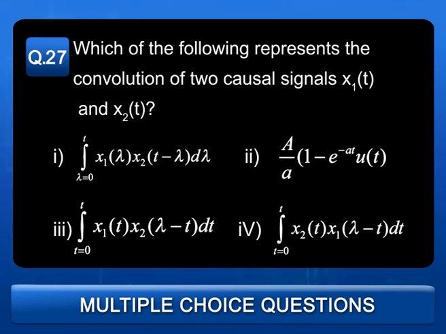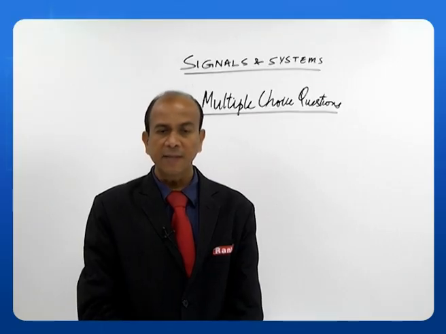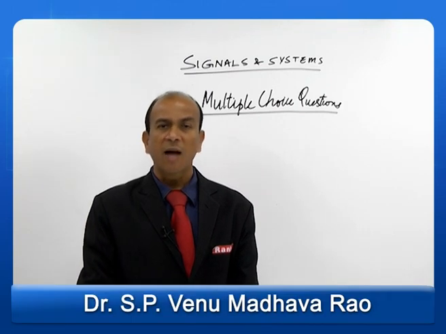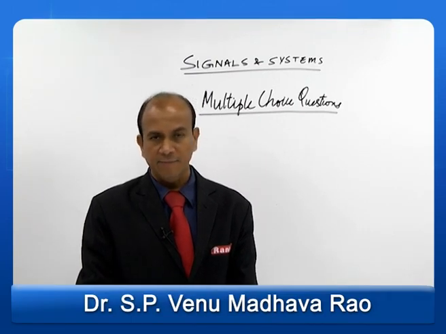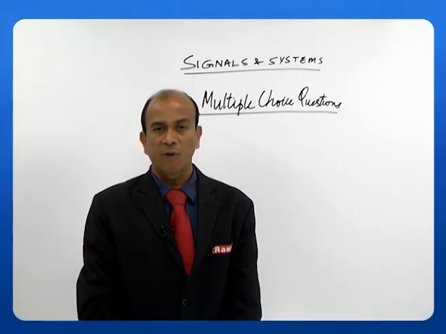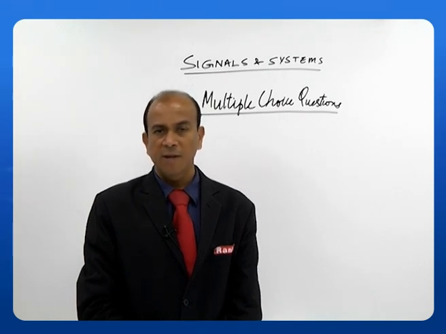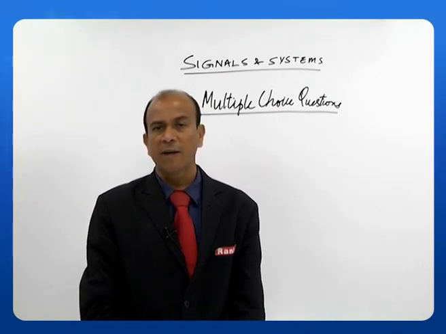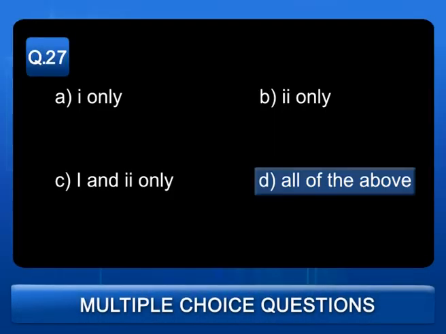C. And D, the integral from 0 to t x2 of t x1 of lambda minus t dt. The answer is D, where all of them are correct answers. So these are the various representations of convolution of two signals, out of which some are famous, some others are a little not that famous, but all of them are in fact true. So answer is D.